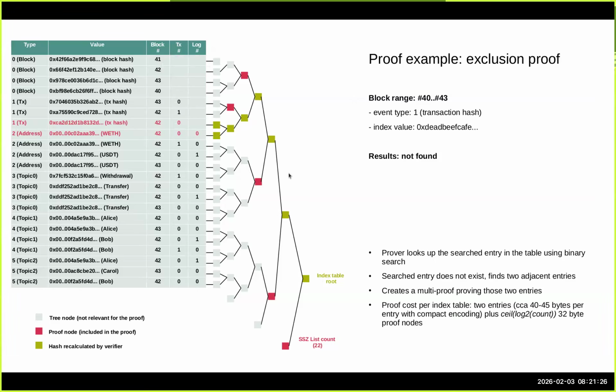So with logarithmic cost, we can prove that something does not exist in the table. If it did exist, then in the case of a transaction hash, we probably don't even really need this table. We could just prove it from the block. But anyway, I will just go to the next example, which will be more interesting.